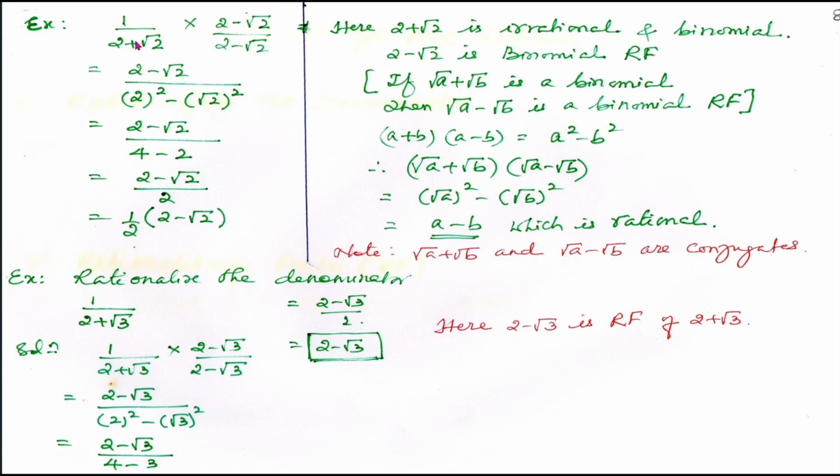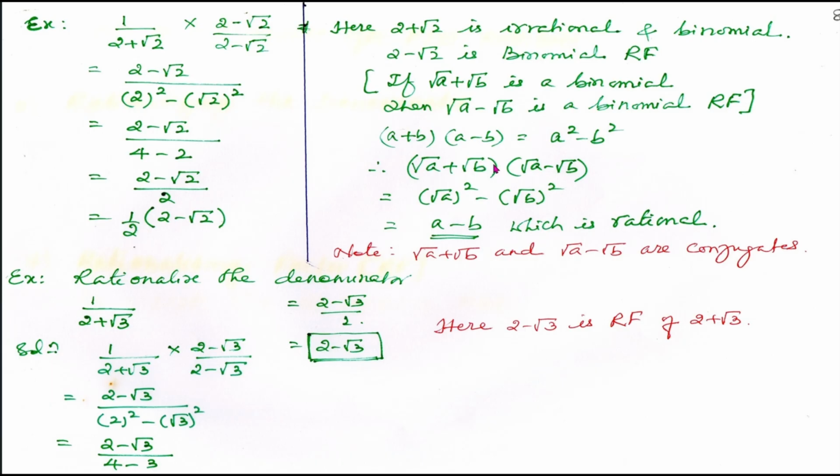Now we have to multiply 2 plus root 2 by its rationalizing factor. Please remember, if root a plus root b or root a minus root b is a binomial, then you have to change the sign. Make plus to minus or minus to plus. Root a minus root b is called the conjugate of root a plus root b, and this is called a binomial rationalizing factor.